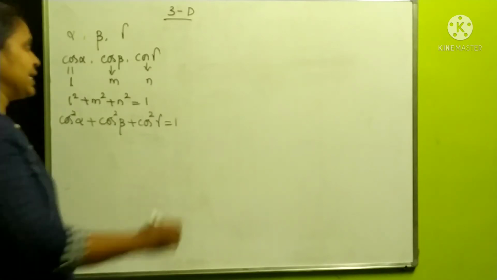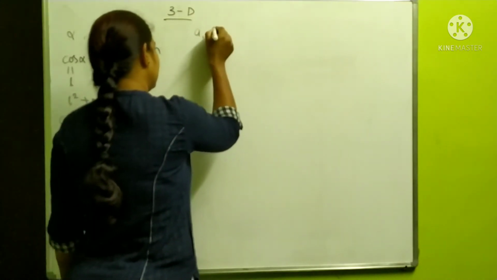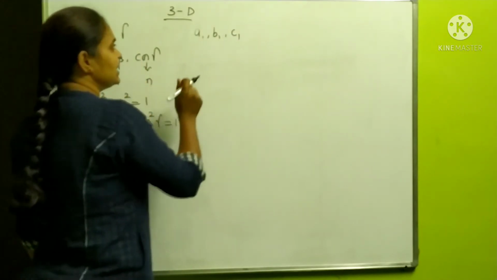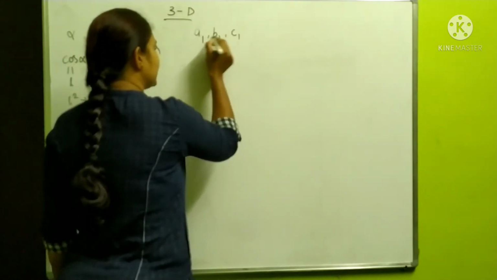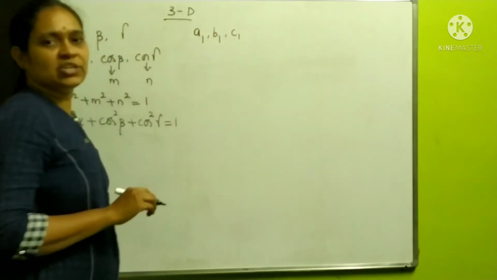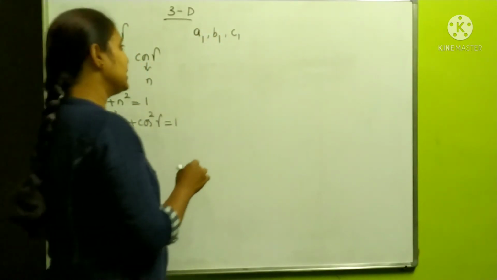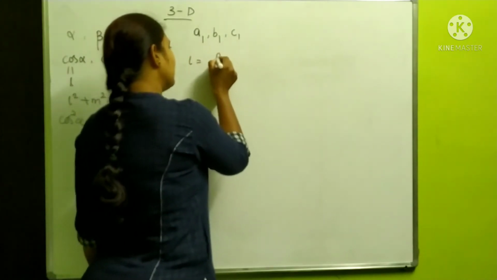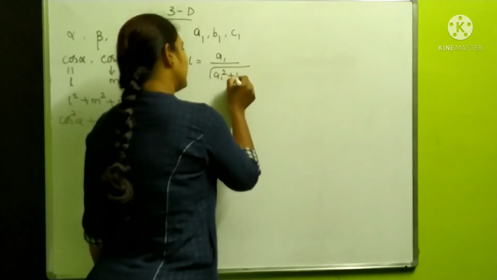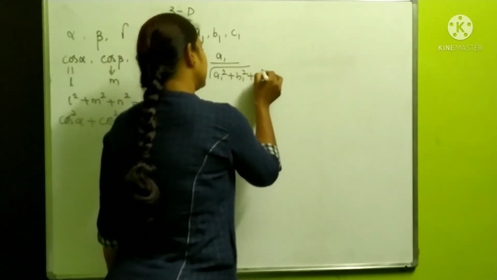Then, if A1, B1, C1 are direction ratios of a line, then L, the direction cosine, is equal to A1 divided by root over (A1 square plus B1 square plus C1 square).